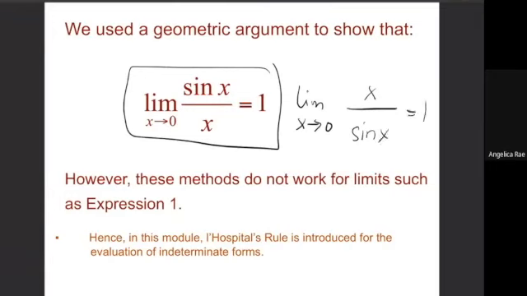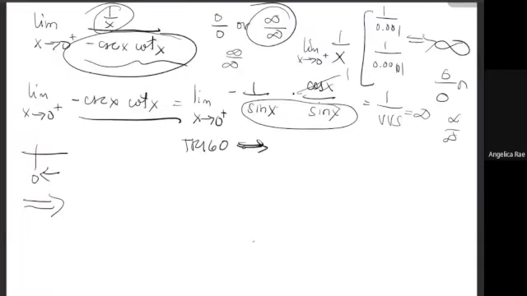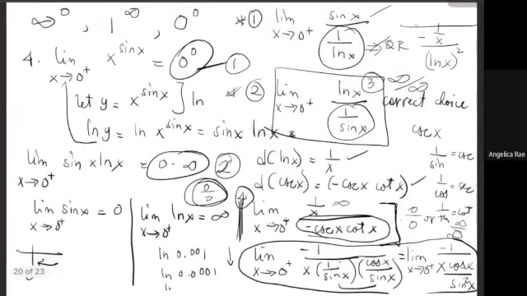That is also equal to 1. Hindi lang sine x over x, kundi pati yung reciprocal niya, it is still equal to 1. May proof tayo dyan.